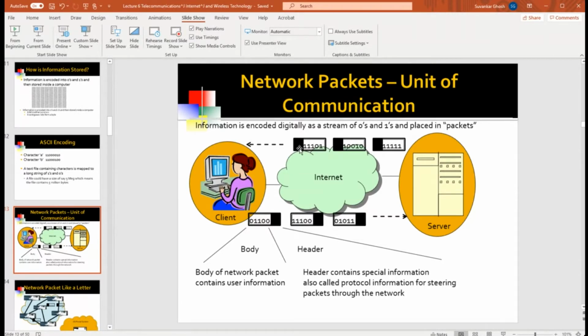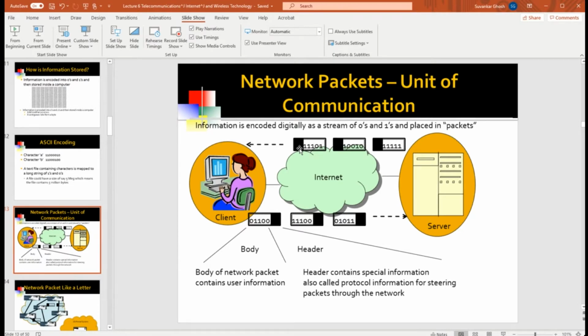The header is also known as a protocol header, and it has what's known as protocol information. The protocol information is necessary for the functioning of the network. Network protocols basically determine how this network functions.